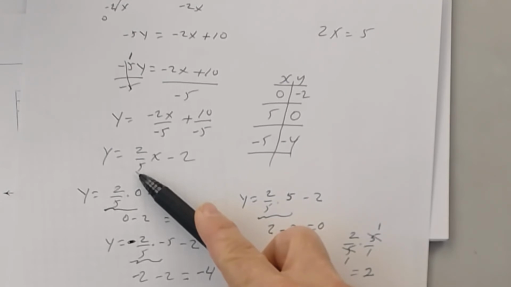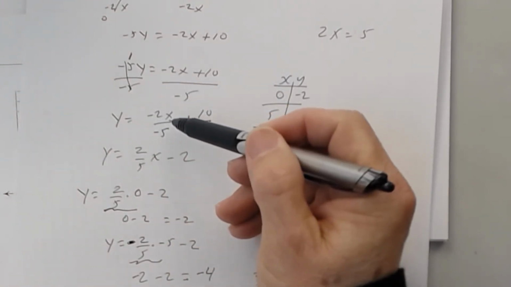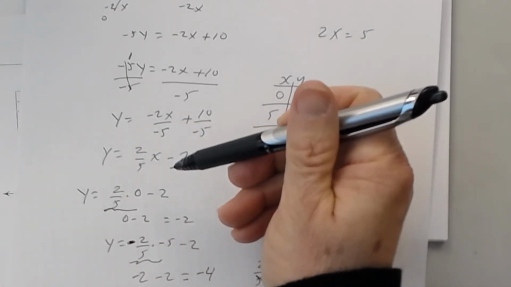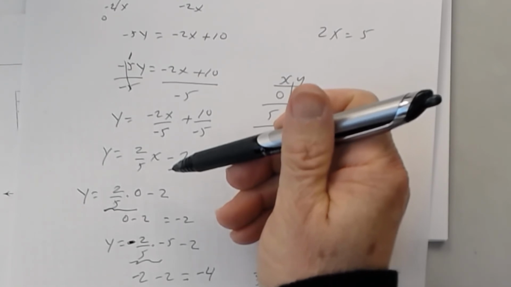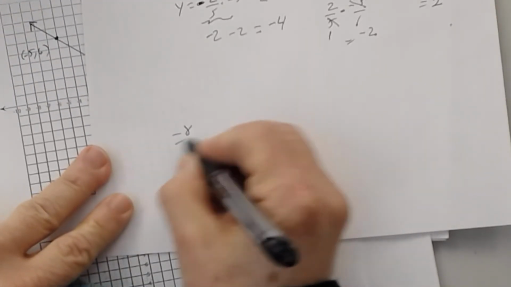I thought you just make that into a negative fraction then. Make what into a negative fraction? Negative 2 over negative 5. You got to remember, a negative divided by negative is a positive. A negative divided by positive is a negative, even if we keep it as a fraction. I'm going to ask you this: what's a negative 8 divided by 2?